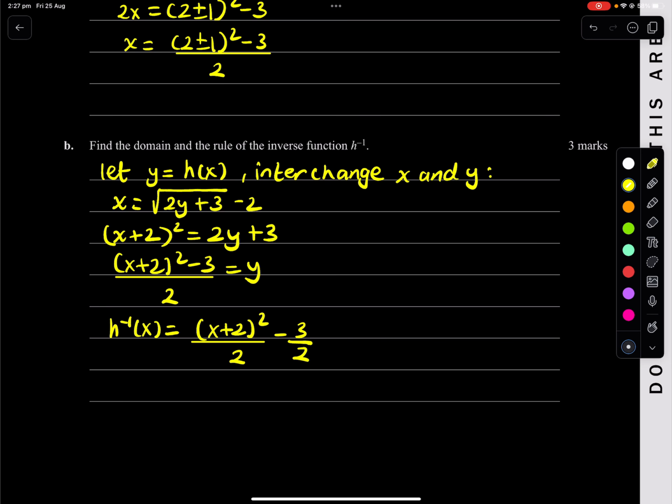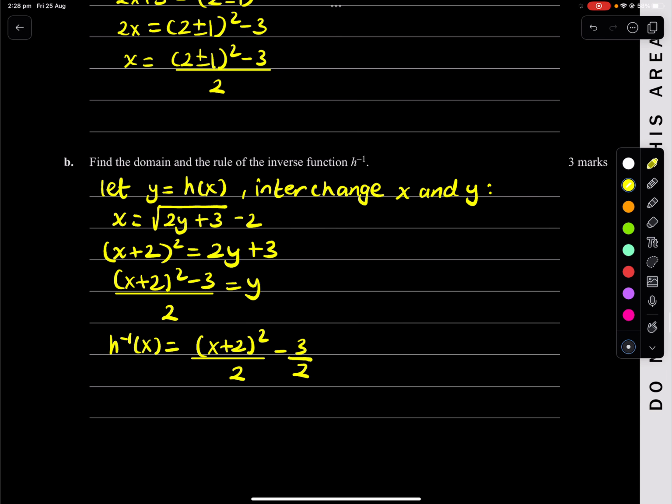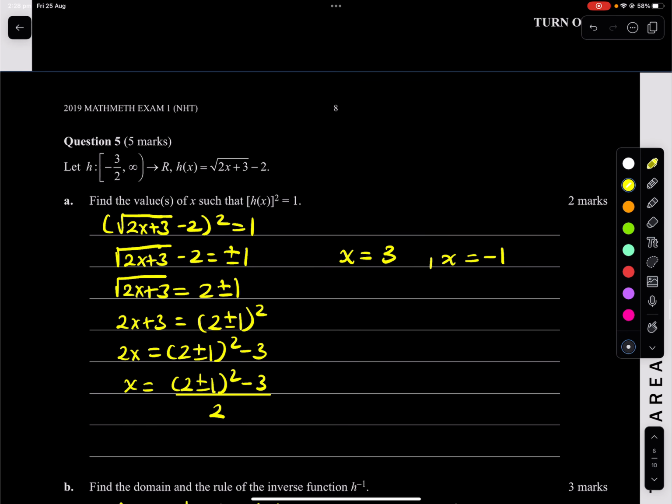Your domain is the range of h of x. So the domain of h inverse is equal to the range of h. So what's the range of h? Well, we know it's a square root graph which is translated, so 2x plus 3 equals 0, 2x equals negative 3, x equals negative 3 on 2. It's translated to the left by 3 on 2, and it's been shifted downward.